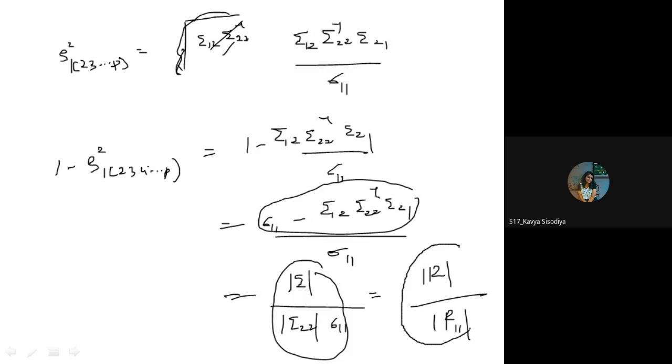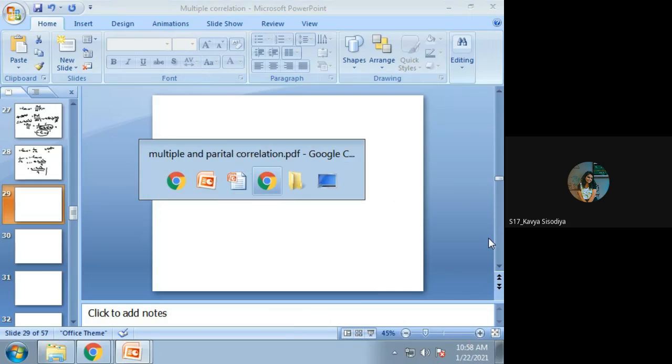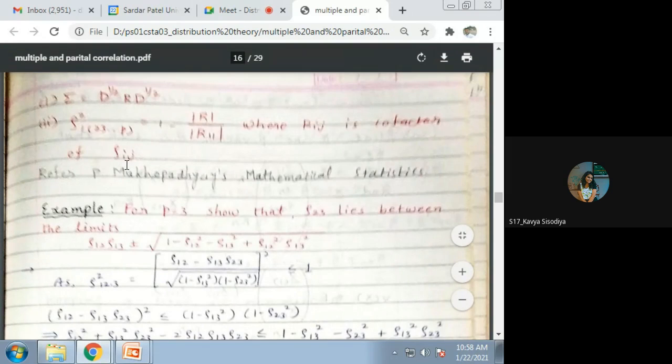Okay, so that you have to show as homework. That is what we have written here: 1 minus rho square equal to this quantity. So rho square equals 1 minus this quantity, where Rij is nothing but the cofactor. So R11 is the cofactor of rho 11. Okay, so Rij is a cofactor of rho ij.